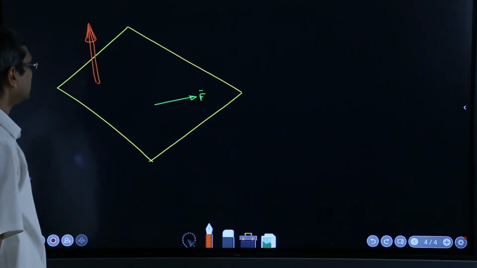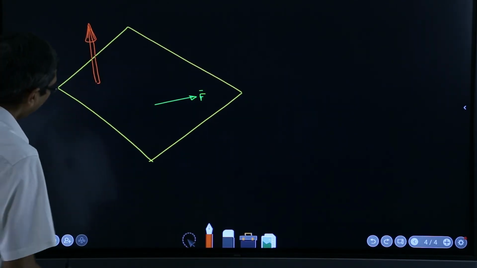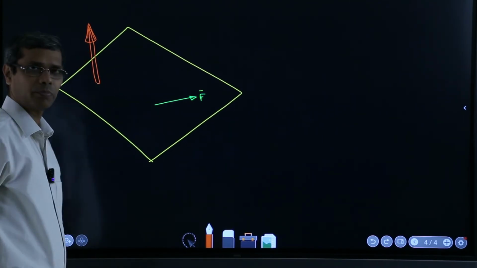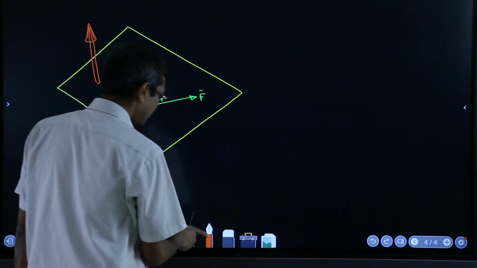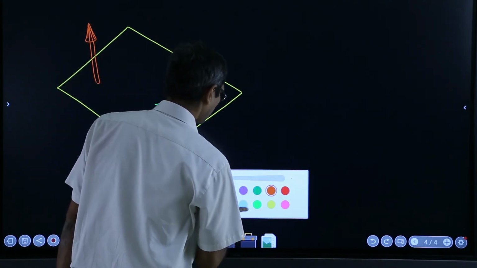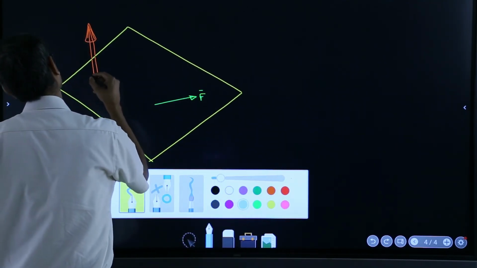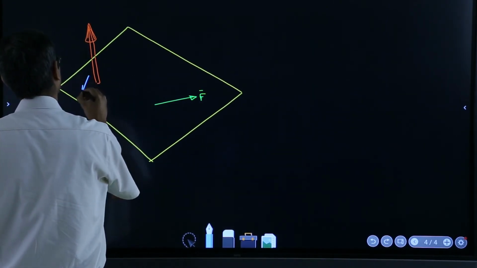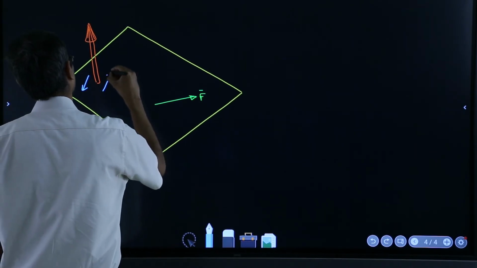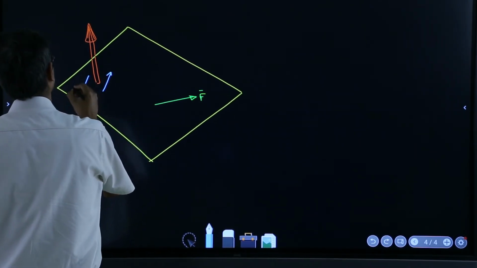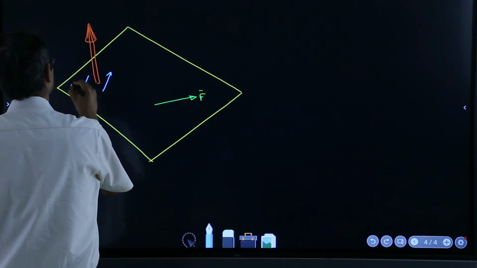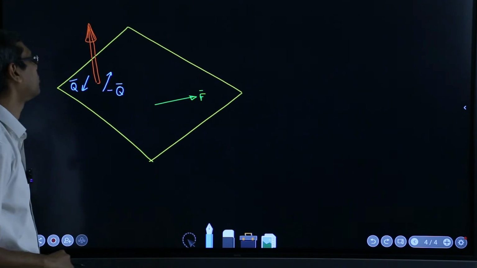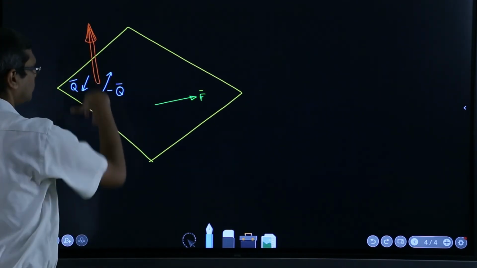So there is a couple moment. That means the couple which causes this lies on this plane. So that's the requirement. Let me draw even that. Maybe like this. So how will it happen? Yeah, so this may be a force, and this is another. So maybe this is Q and minus Q, and they combinedly cause this couple moment to exist.